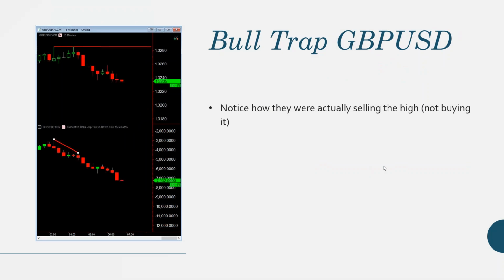Now, a bull trap is just the opposite. It's going to happen at the highs, and you can see they made a high here. Again, snap a horizontal line. They come back to the high here, and then a bearish bar forms.